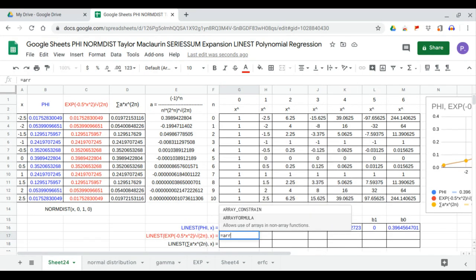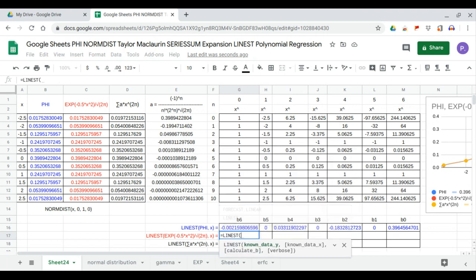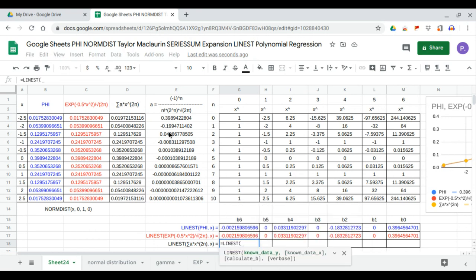So our formula, LINEST again. Data y and data x. And the expansion, the Taylor-Maclaurin series expansion. Again, LINEST, data y, and data x.